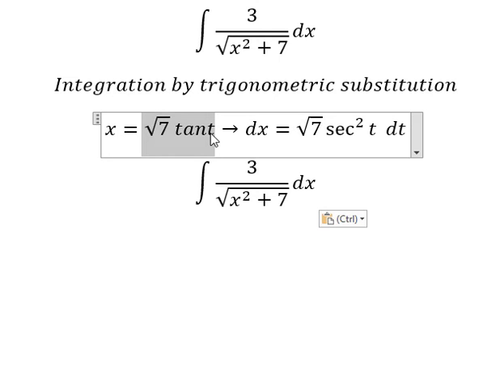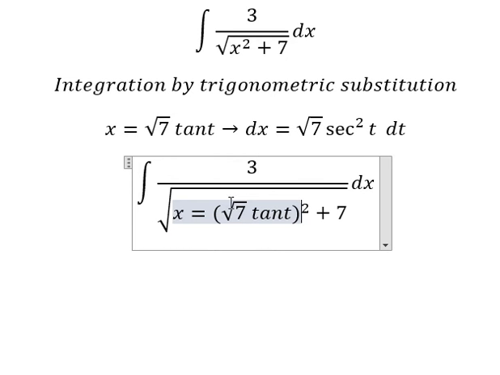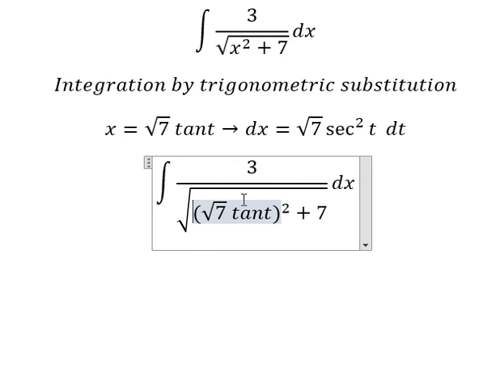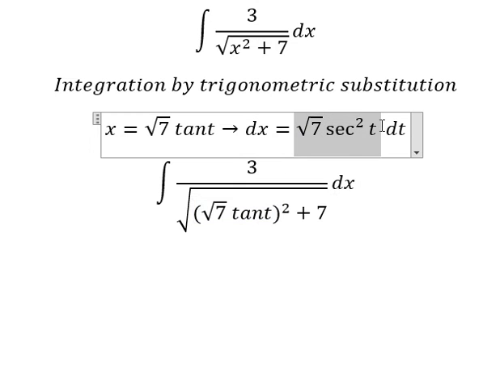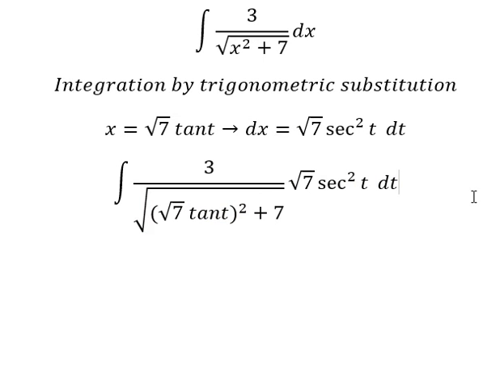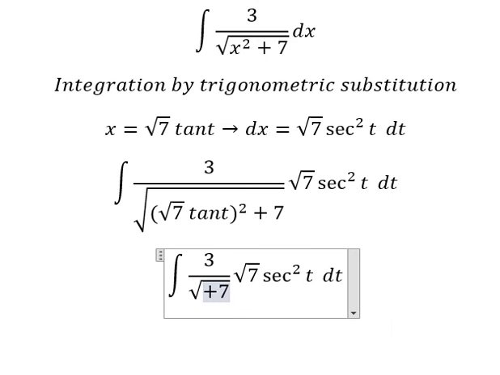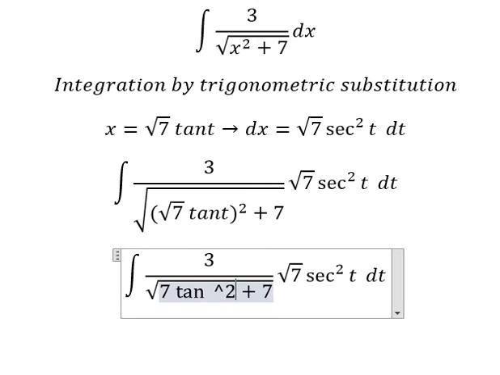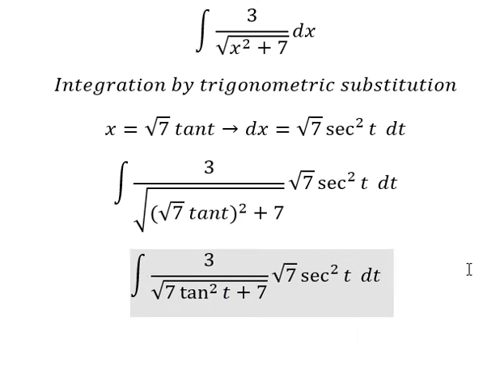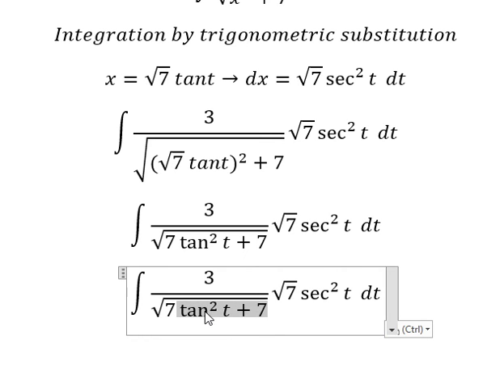So I will put this one in here. ds we change by this one. So this one we have 7 tan squared t plus 7, we can do factorization.